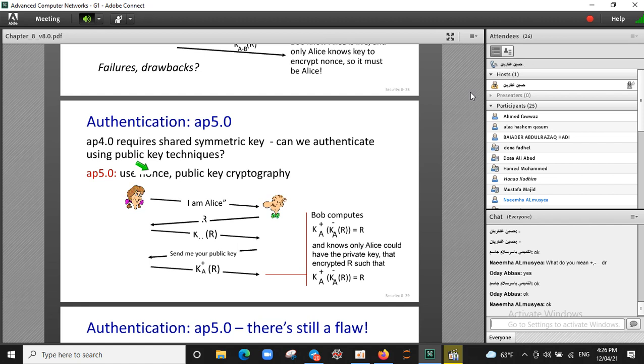But what is a nonce? It's simple. It's a time tag. It's a timestamp. Okay?